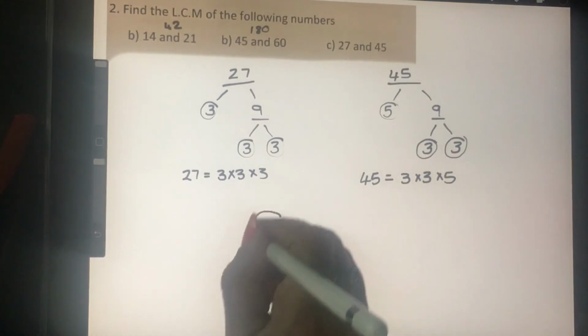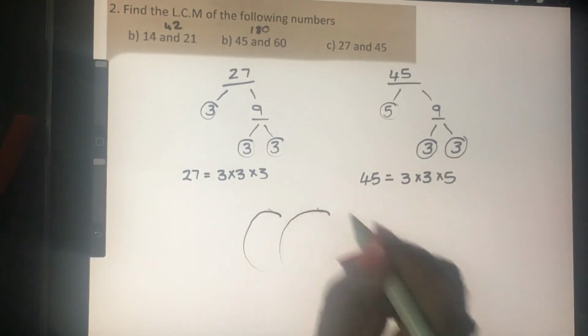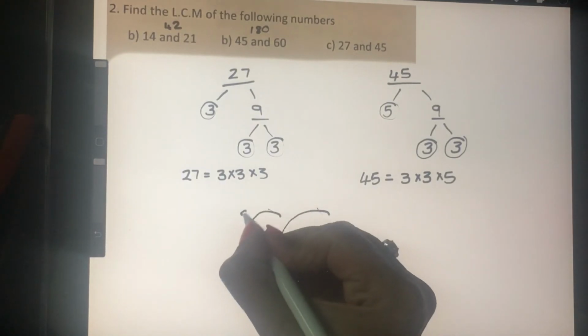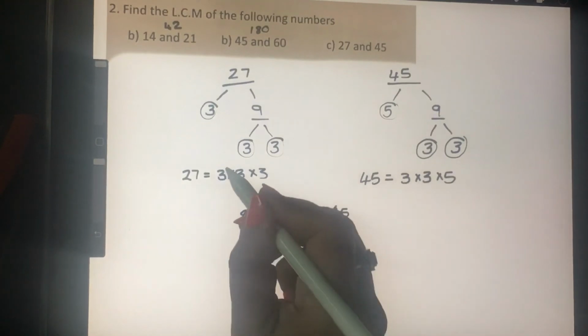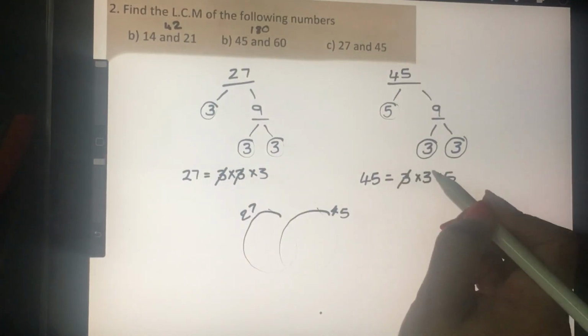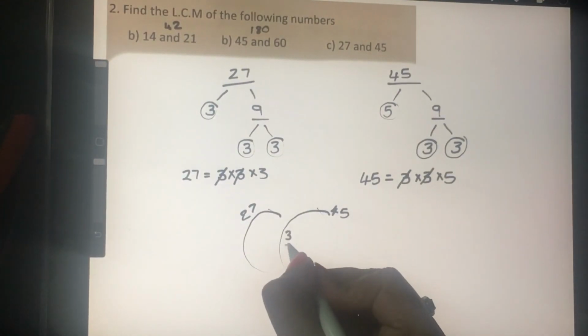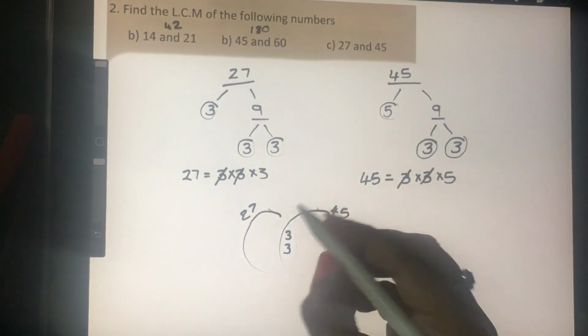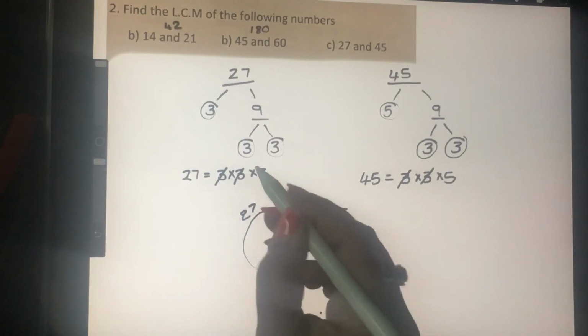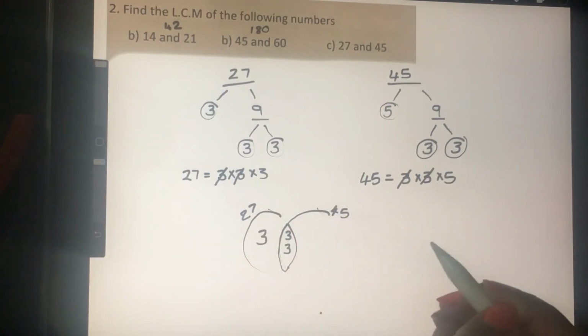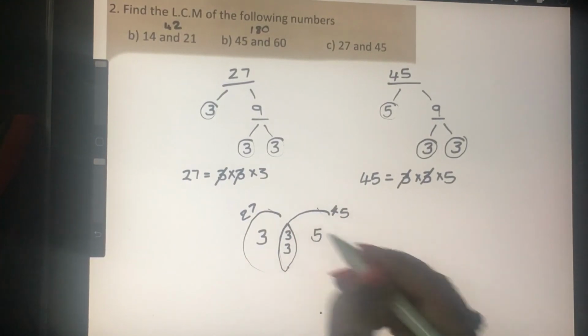Now we draw our Venn diagram. We do this as 27, and this circle is 45. What is shared? There are two 3s here and two 3s there, so we write two 3s in the section that they share, in the intersection. Then what is left over on the 27 side is a 3 and a 5 on the 45 side.